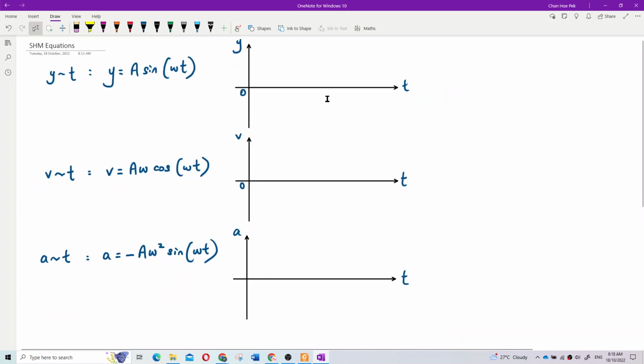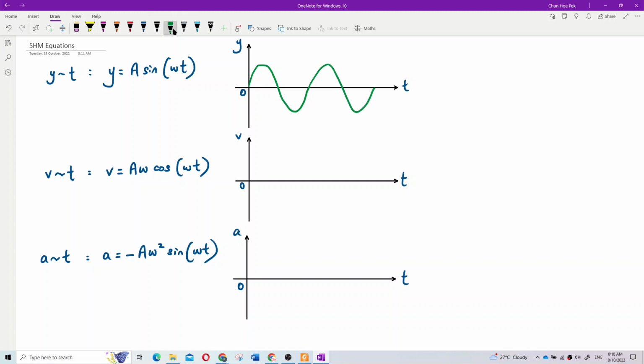A sine graph looks like an S. Just draw a sine graph, where the maximum is the amplitude. For this, the y maximum is a.